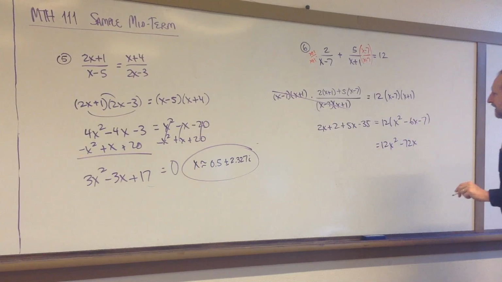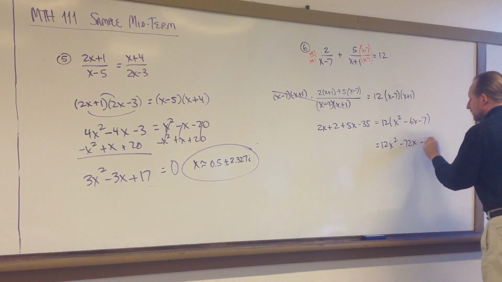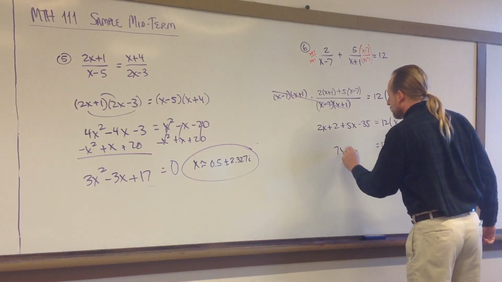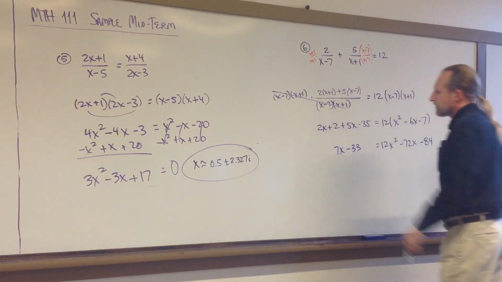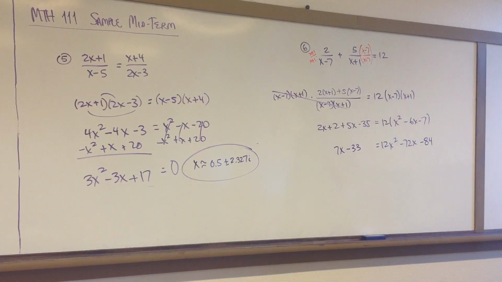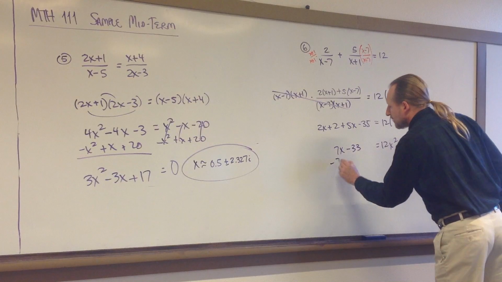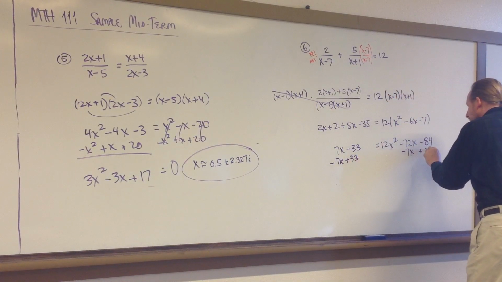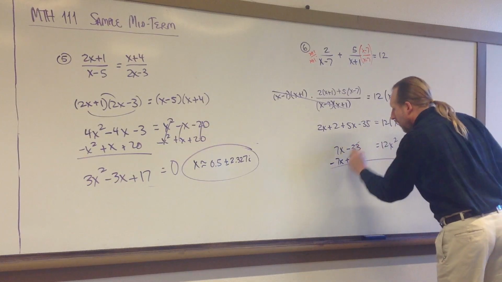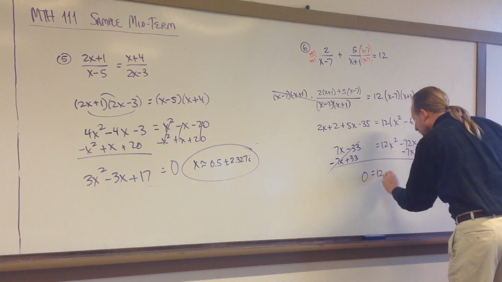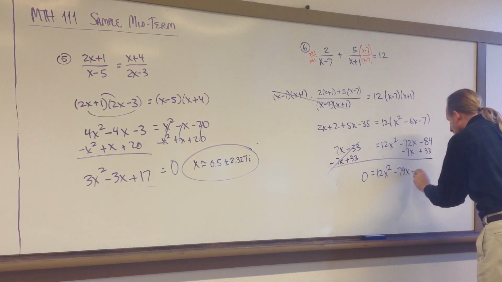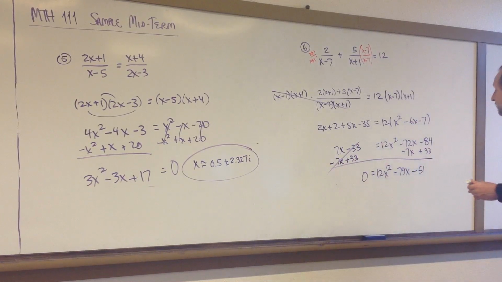So that'll be 12x squared minus 72x minus 84. Over here, 7x minus 33. Okay, so we're going to move everything over to this side, subtract the 7x, add 33. This will be 0. This will be 12x squared minus 79x minus 51.